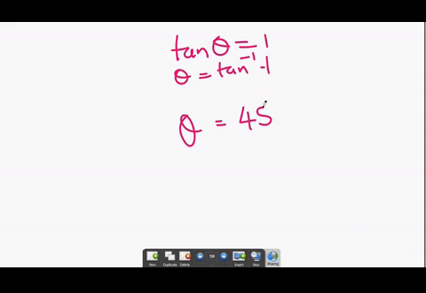This is the primary value that I get from my calculator, but because it's tan, I am going to say plus 180. You are not going to use 360, you are going to use 180k, where k is an element of integers. And those, ladies and gentlemen, are the three general solutions of trigs: for sine, for cos, and for tan.